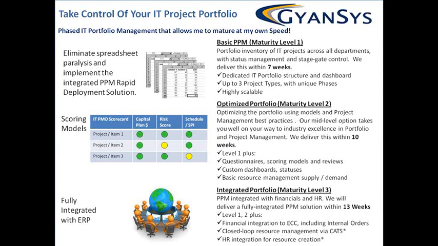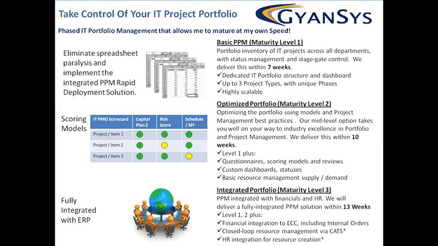And the final option really is what we're going to cover here today, which is maturity level 3, and that's where we have a fully integrated solution between PPM and the ECC system. That's a 13-week delivery, and includes everything you get in level 1 and 2, plus that integration to ECC and the closed-loop resource management.